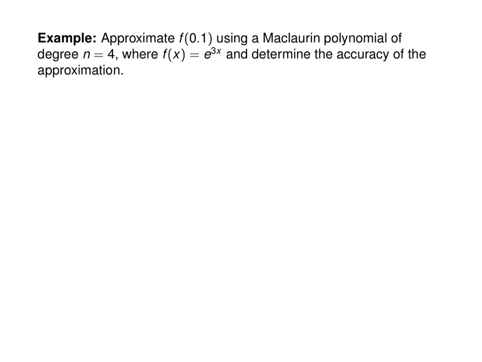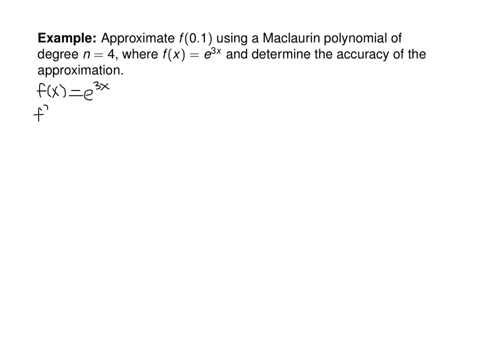So approximate f of 0.1 using a Maclaurin polynomial of degree n equals 4, where f of x is equal to e to the 3x, and we're going to determine the accuracy of this approximation. First we have to find the 4th degree Maclaurin polynomial. Notice that f of x is equal to e to the 3x.